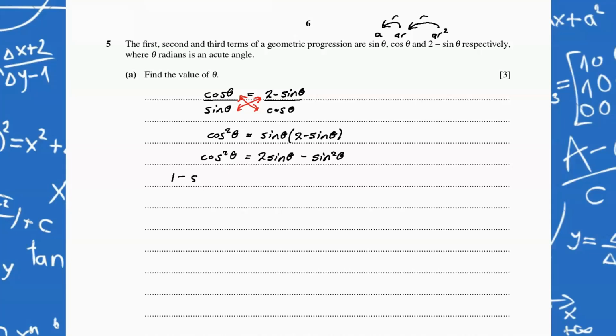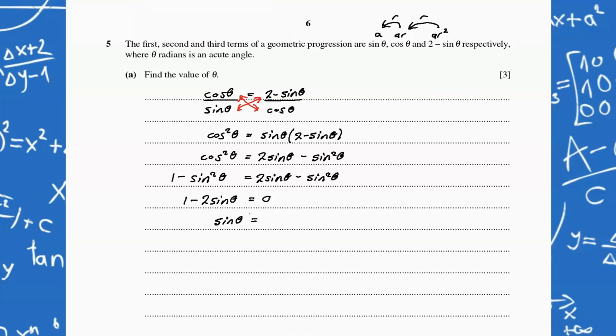So that's 1 minus sine squared theta equal to 2 sine theta minus sine squared theta. Here we can see that the minus sine squared theta appears on both sides, so we can subtract it from both sides, so that eventually we'll have 1 minus 2 sine theta remaining, and this is equal to 0.